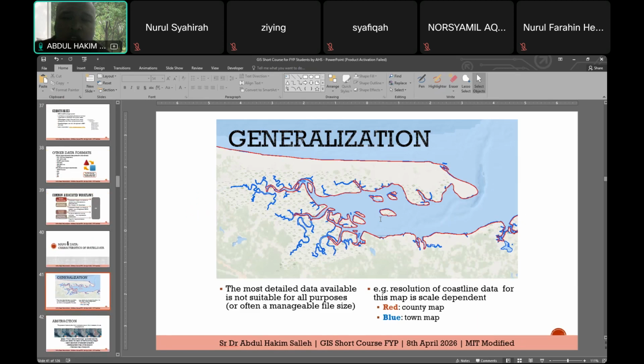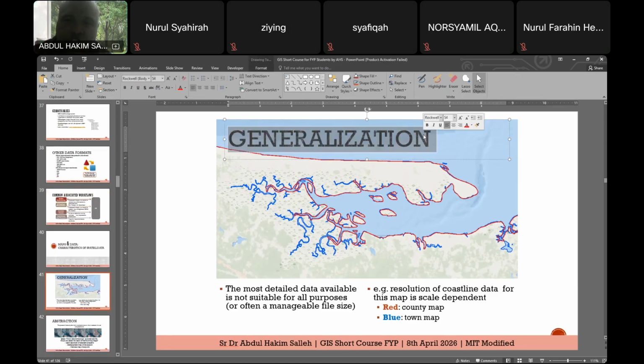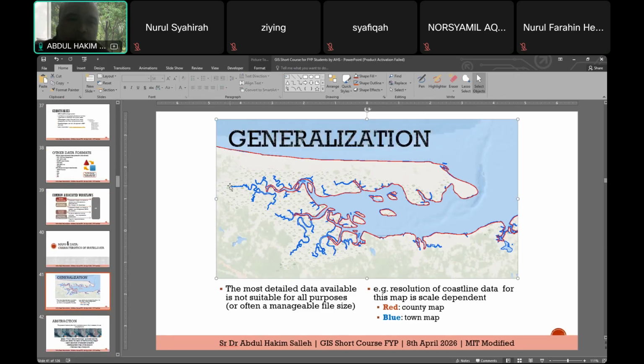So the characteristics of maps, usually to simplify the maps. Okay. First thing first is generalization. To simplify the maps, the entire maps.